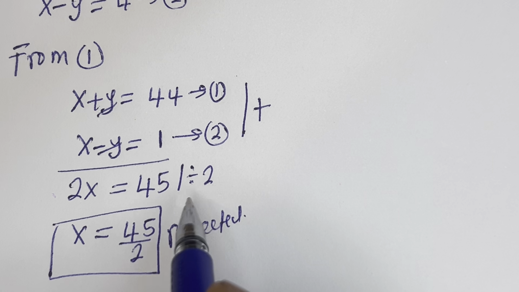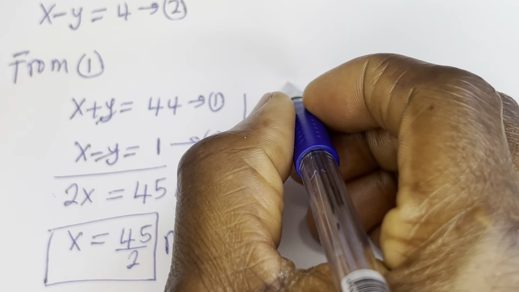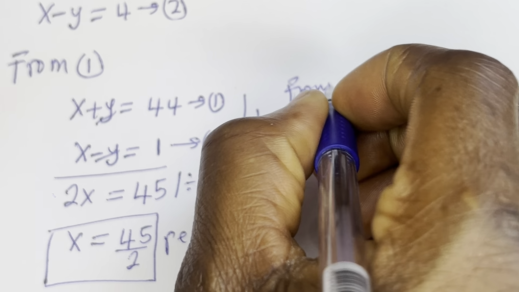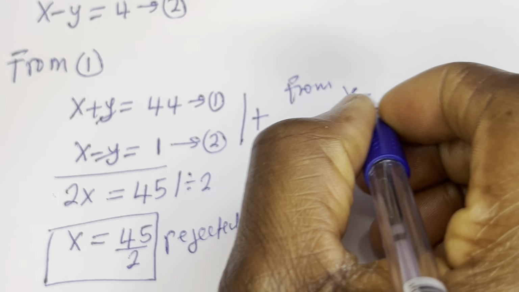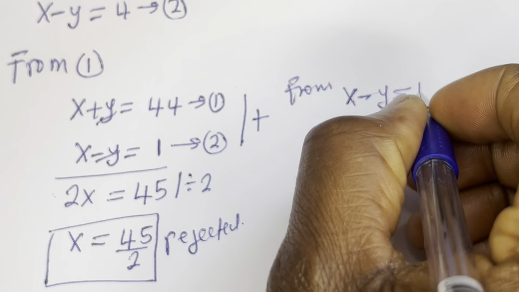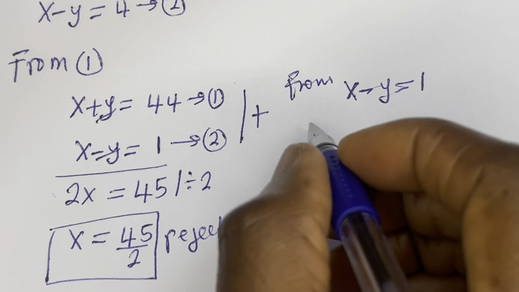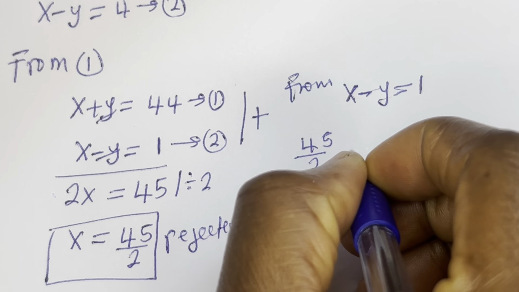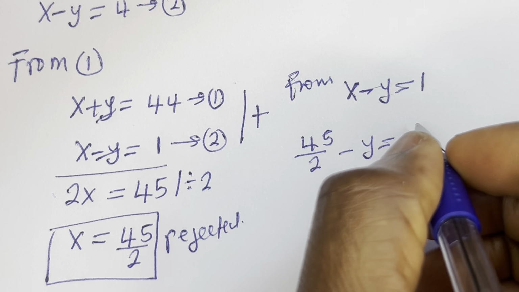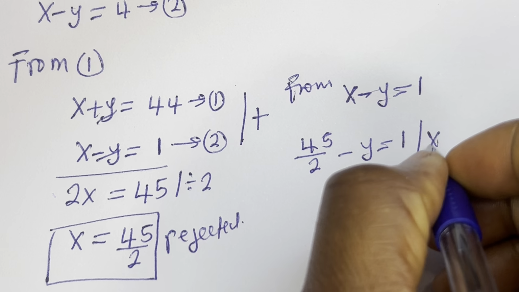We've gotten the value of x. Let's solve for y. Then to solve for y, from equation 2, x minus y is equal to 1. Then when x is 45 divided by 2, we have 45 divided by 2 minus y is equal to 1. Now let's multiply all through by 2.